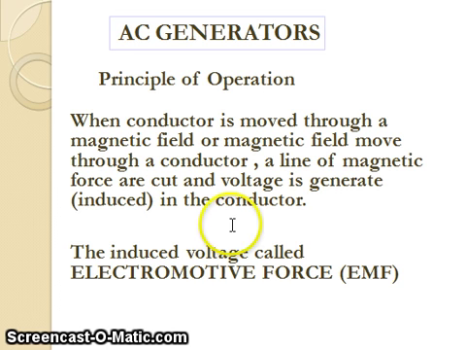The direction of the voltage induced is given by Fleming's right-hand rule. That means if you are using the conventional flow of electricity, you use Fleming's right-hand rule. If you use electron flow, you say it is Fleming's left-hand rule. The induced voltage is called EMF, or electromotive force.